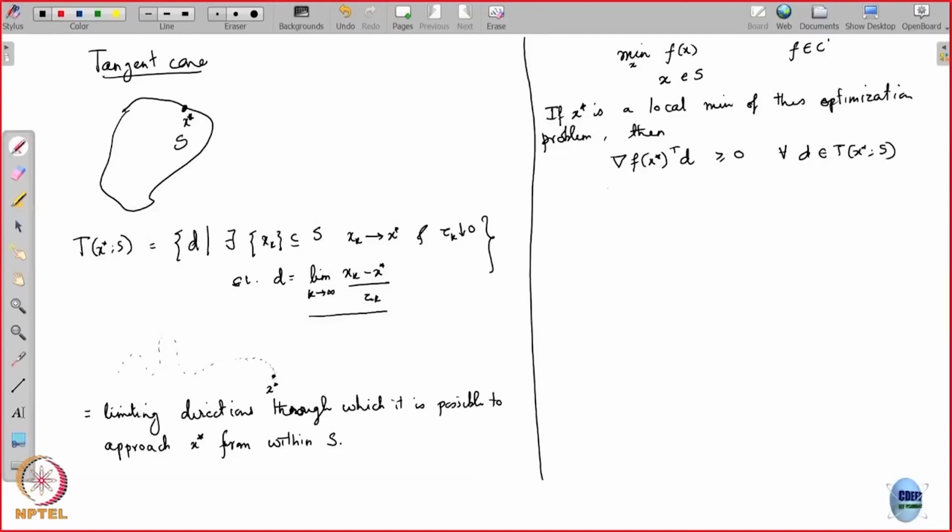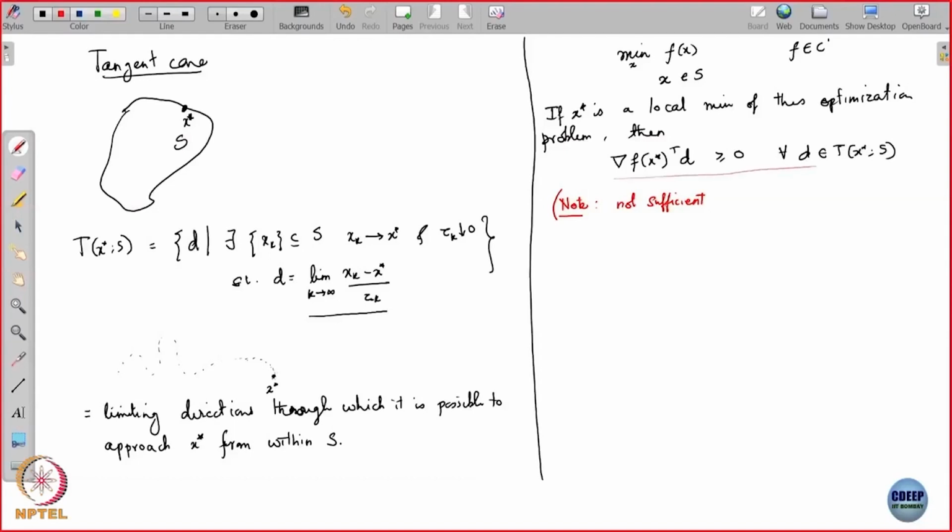Unfortunately, just for you to know, this is not actually sufficient. So, note that even though this is the most general condition, it is not in general sufficient. Okay, there are counter examples of a function and a set where this condition is satisfied.